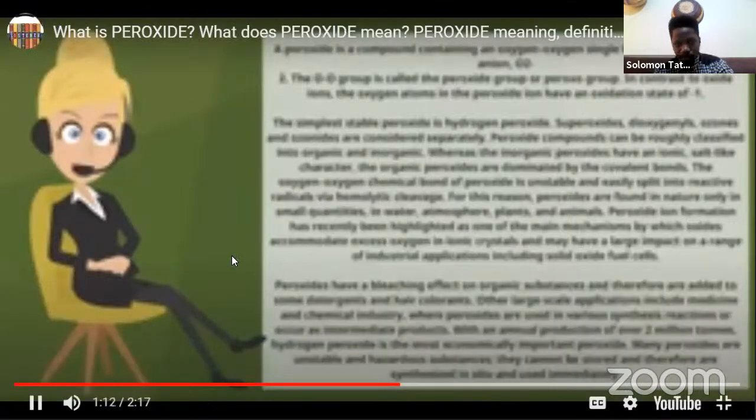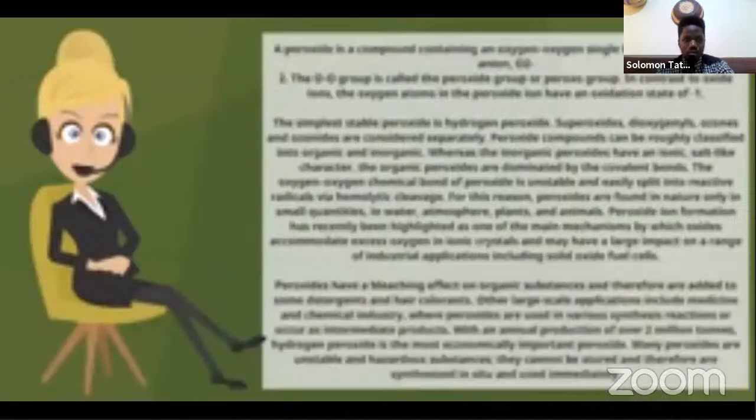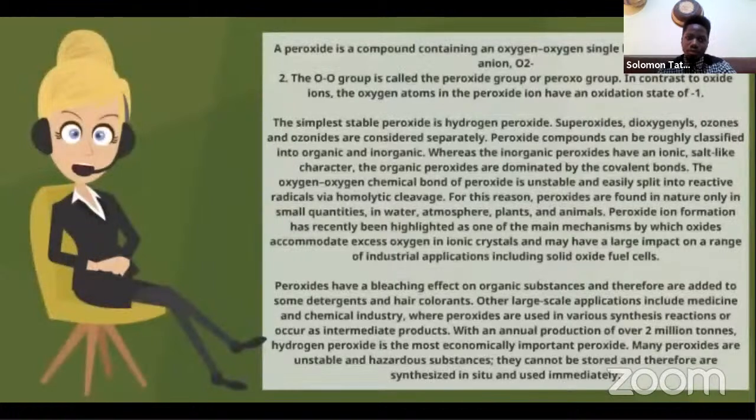For this reason, peroxides are found in nature only in small quantities, in water, atmosphere, plants, and animals. Peroxide ion formation has recently been highlighted as one of the main mechanisms by which oxides accommodate excess oxygen in ionic crystals and may have a large impact on a range of industrial applications including solid oxide fuel cells. Peroxides have a bleaching effect on organic substances and therefore are added to some detergents and hair colorants.